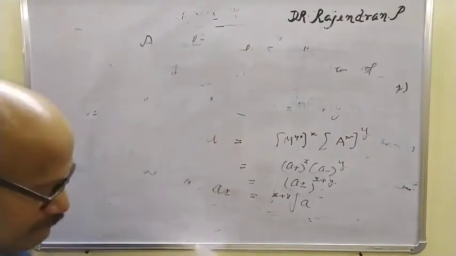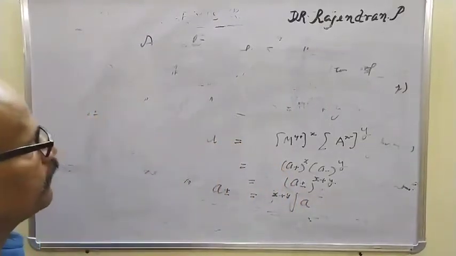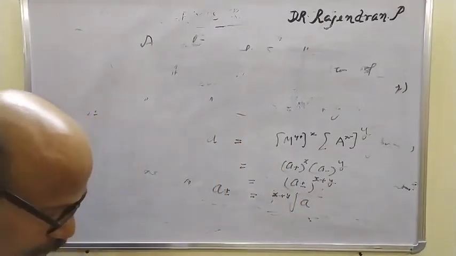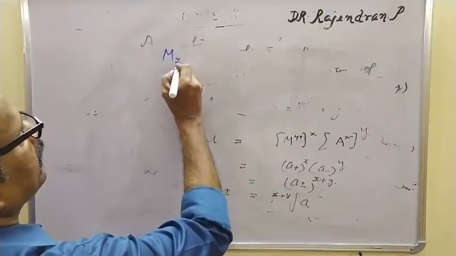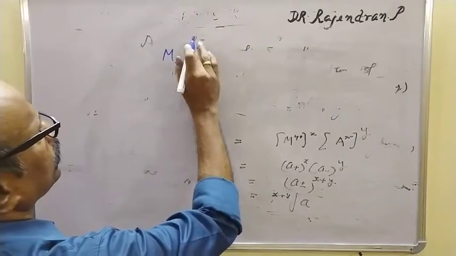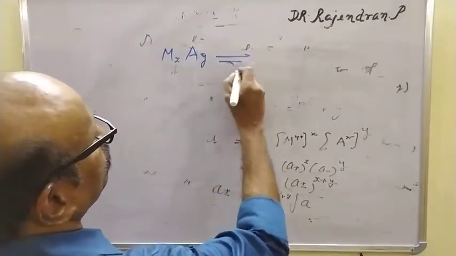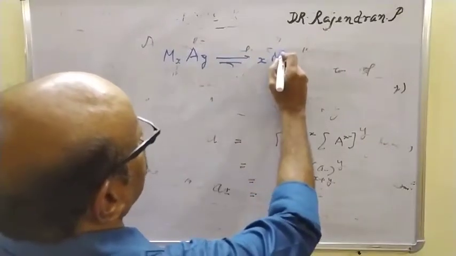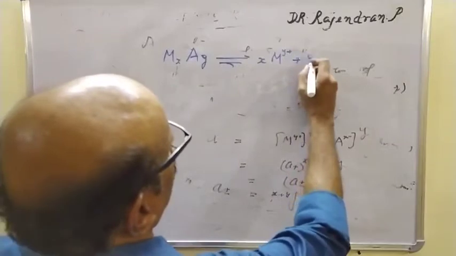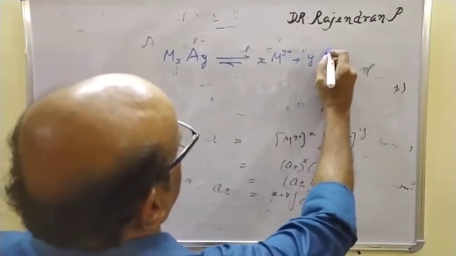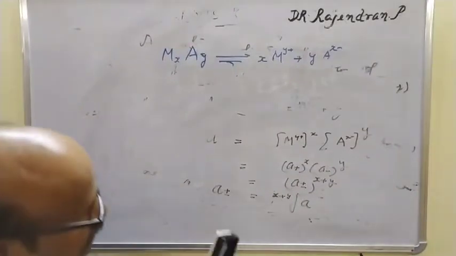Consider the case of the electrolyte M x A y, that will dissociate into x M to the y plus and y A to the x minus, like this.